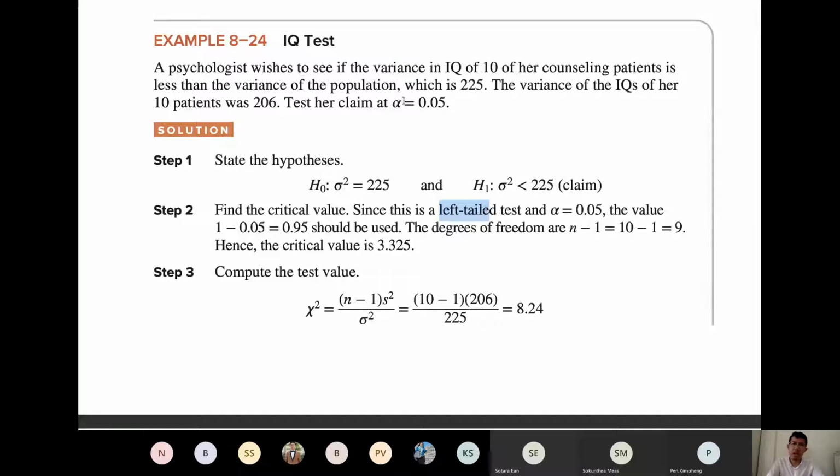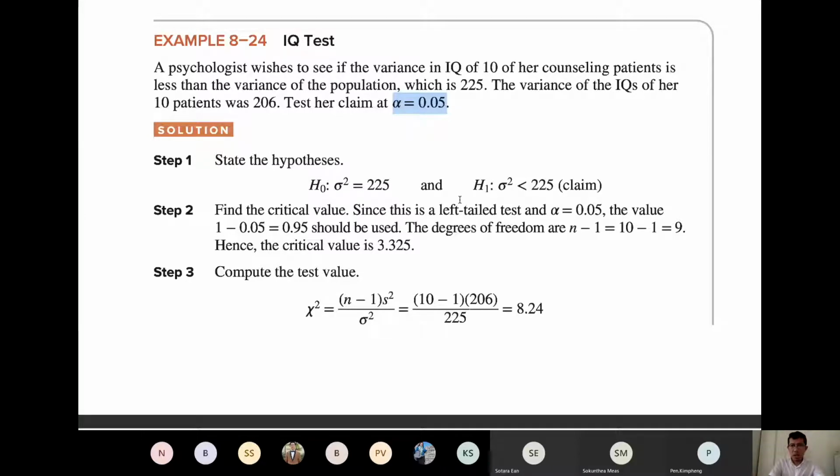And we want the significance level of 0.05, which means, if you think of the confidence interval, the confidence level is 95%, right? Which corresponds to the significance level of 0.05.